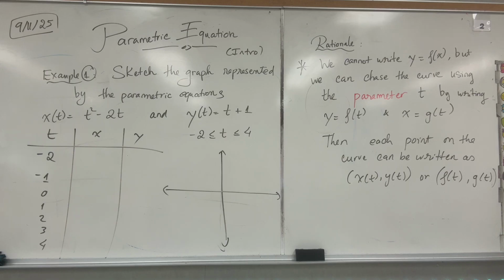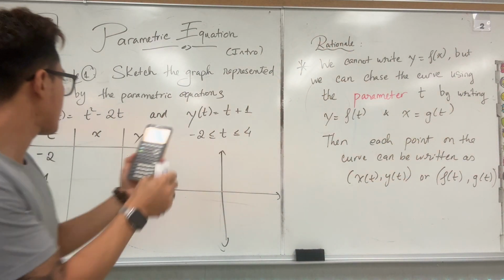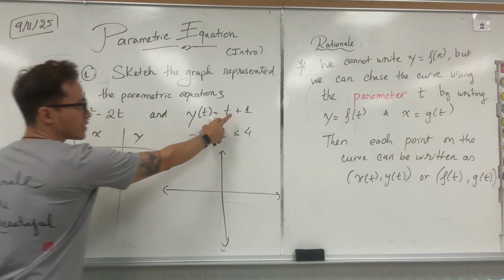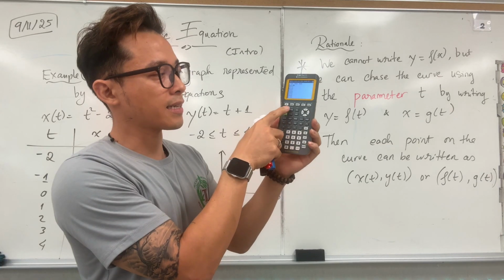When you put in the function, y equal to, you just type t squared minus 2t plus 1, and then there's a table. Press second window.